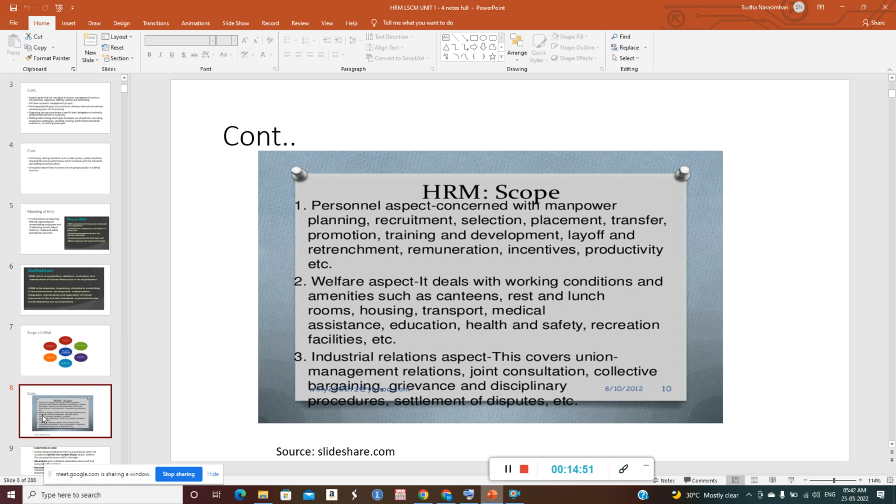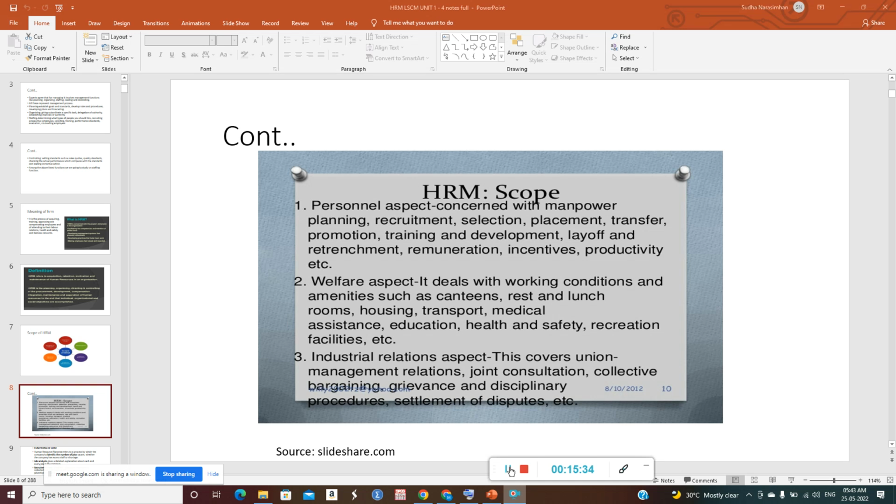So, human resources scope not only deals with the personnel aspect, it also deals with the welfare aspects. So, what is the welfare aspect? The welfare aspect deals with the working conditions, the good organizational culture, and the amenities and facilities that you provide, such as canteens, rest and lunch rooms, housing, transportation, medical assistance, education, health and safety, and recreation facilities for the employees.